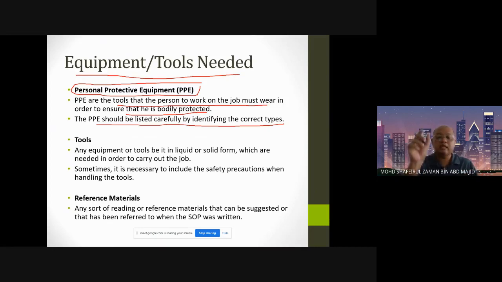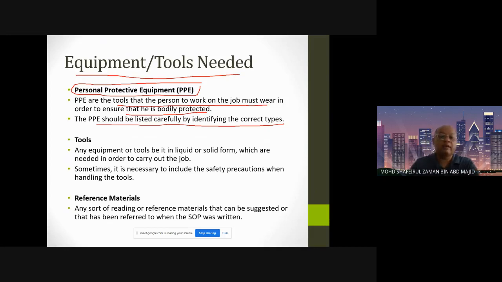So you list it according to the job. If you are going to prepare an SOP for those working in a chemical lab, the PPE will be different from those working in a normal lab. Chemical lab and normal lab will be a bit different.